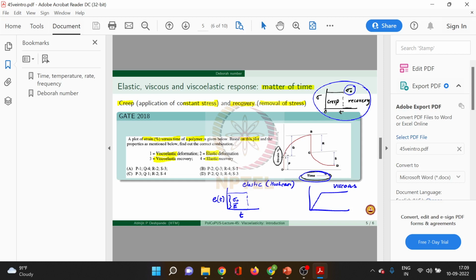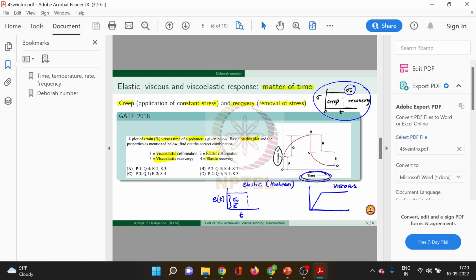That similar response is what is P. But this is a viscoelastic material, so the material doesn't stop with that, but there is a continuous deformation till the application of stress, till the time corresponding to point B. So in the viscoelastic material, first the spring responds with an instantaneous or elastic deformation.